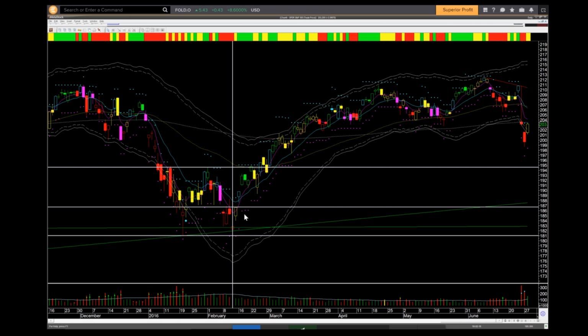So if we entered using real-time data on 12th Feb, next day price went up, our stop loss protection signal came to this level, which is still below the entry price. So we will not move our stop loss from the initial stop loss, but then a few days later the stop loss moved here. So now we'll move the stop loss to break even.